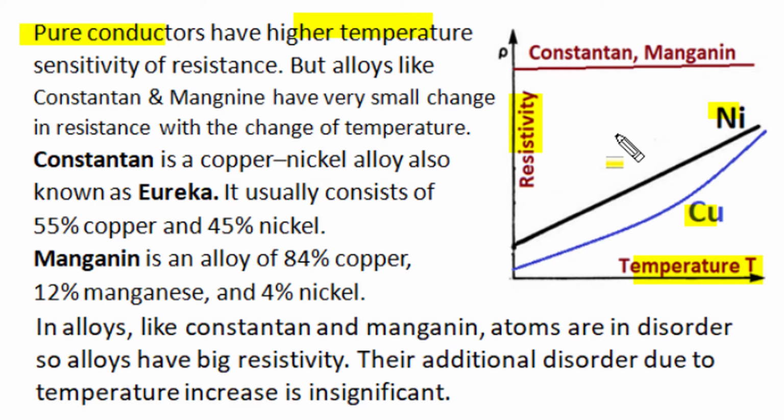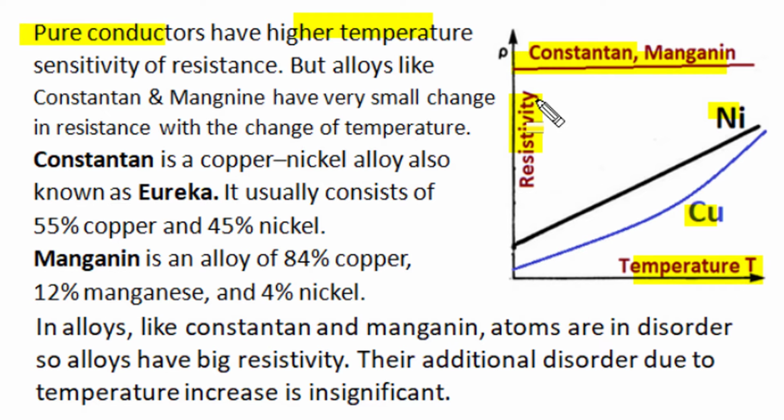And for platinum, resistivity change with temperature change has a great linearity over a very long range. This property of nickel and platinum, having linear change in resistance with change of temperature, is used in temperature measurement.